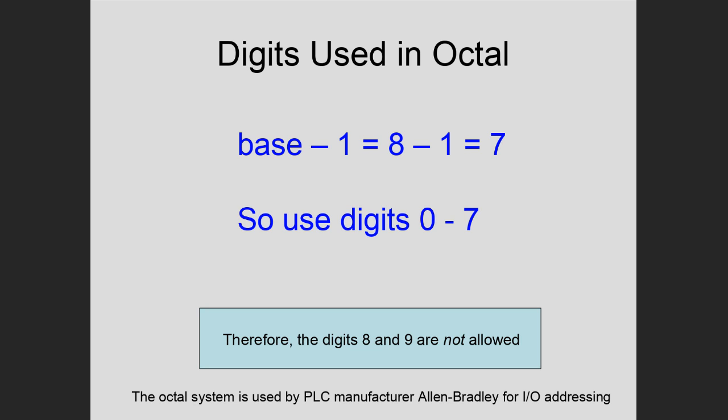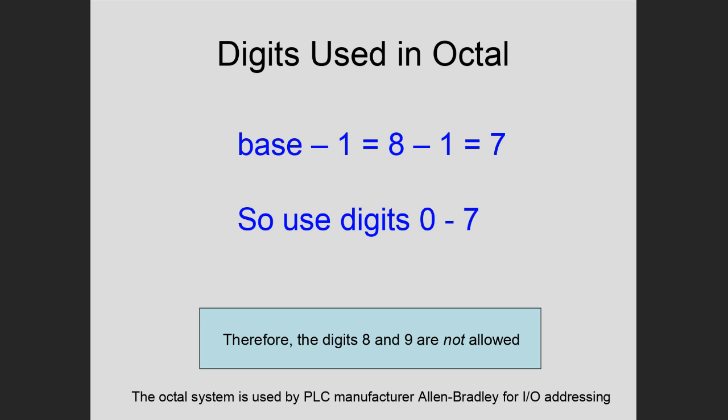That means the highest symbol in this octal number system is 7. And so we use the digits 0, 1, 2, 3, 4, 5, 6, 7. We use the digits 0 through 7. The digits 8 and 9 are not allowed. So when we get to 8 or 9, what we do is just like in base 10, when we get past 9, we count 1, 2, 3, 4, 5, 6, 7, 8, 9.